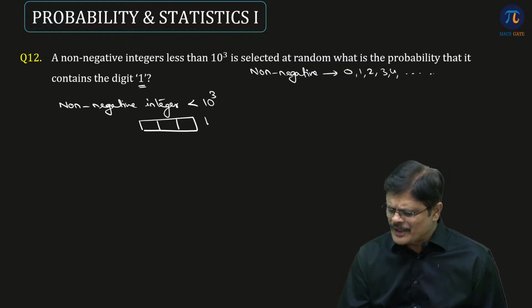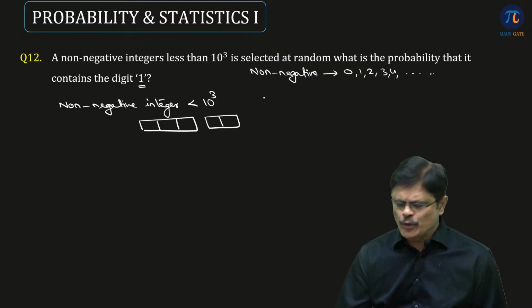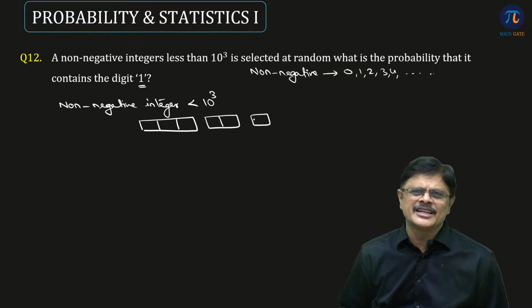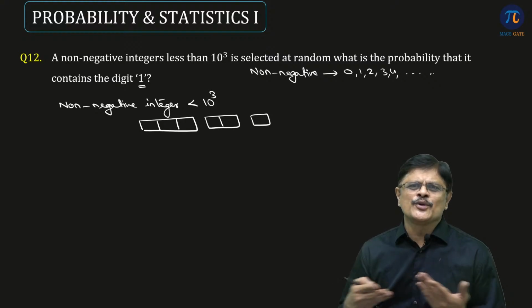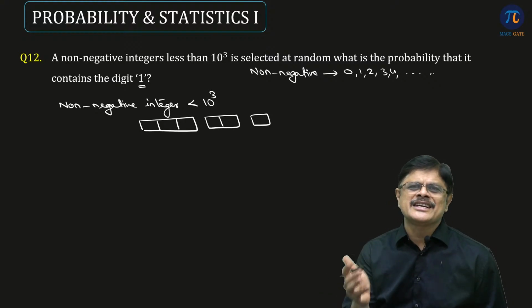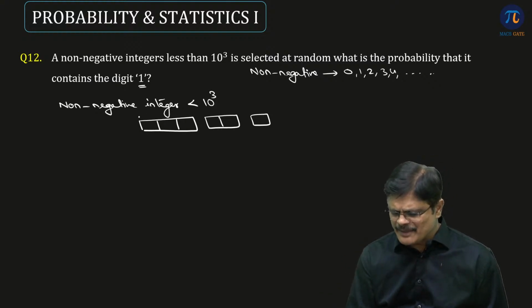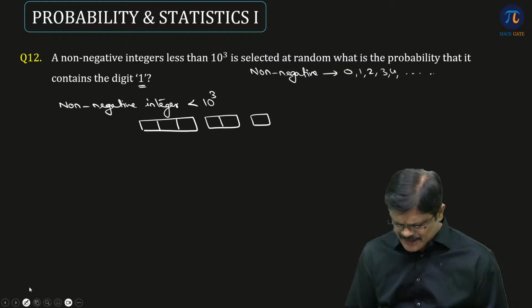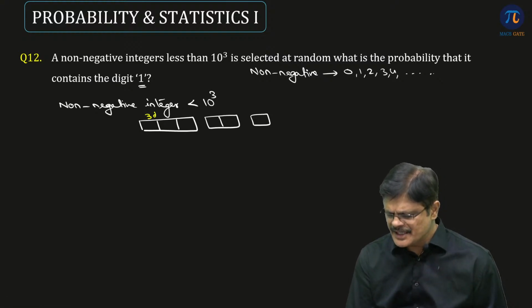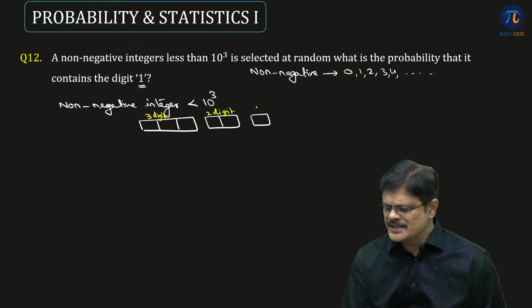You can count how many 3-digit numbers, how many 2-digit numbers, and how many 1-digit numbers there are, and add them to get the total non-negative integers less than 10 power 3. How many 3-digit numbers are there? This is 3-digit, this is 2-digit, and this is 1-digit.